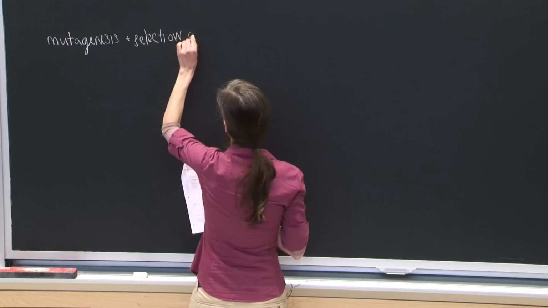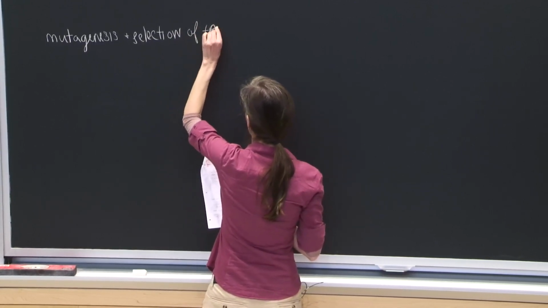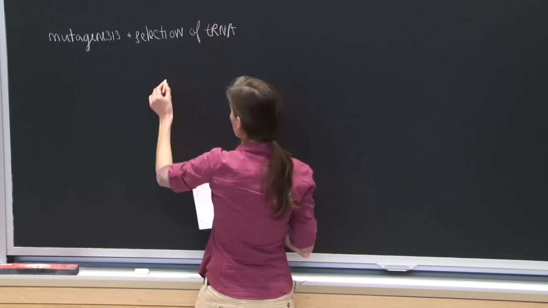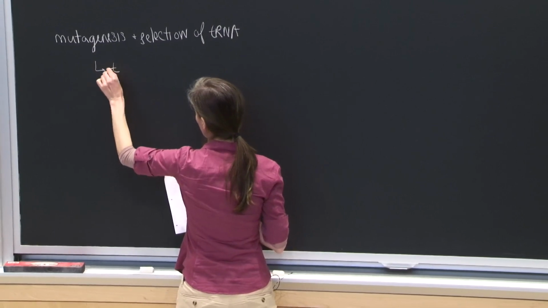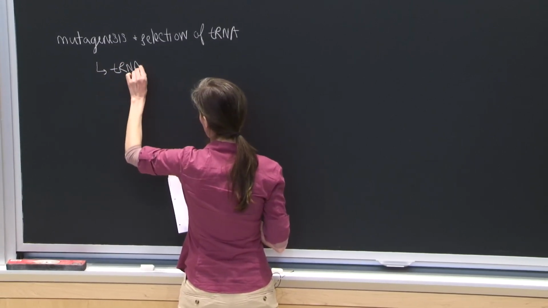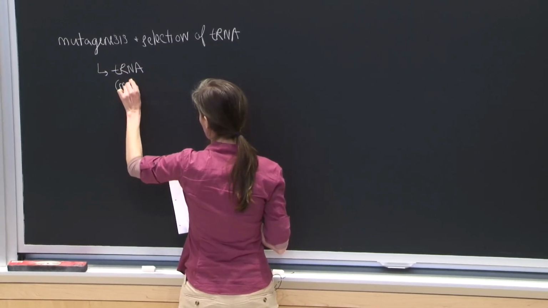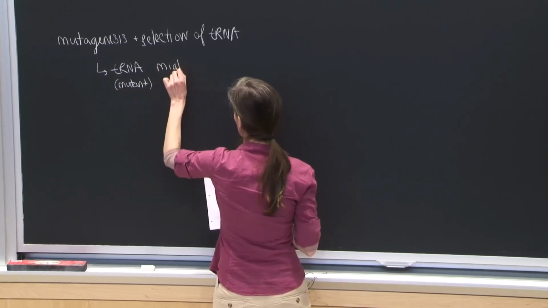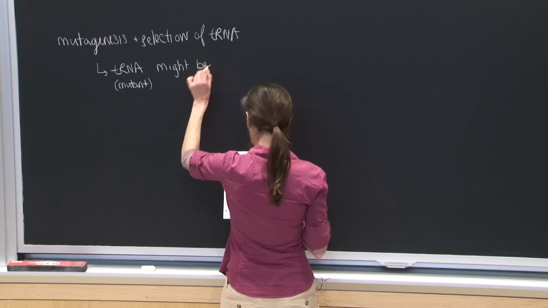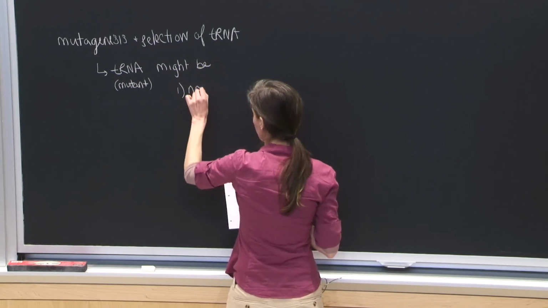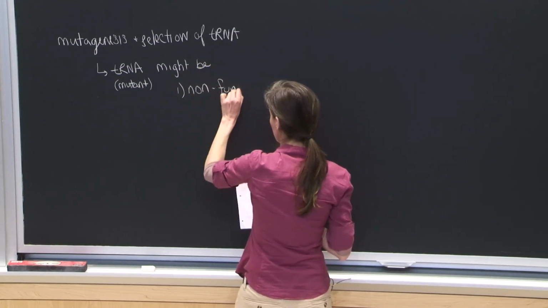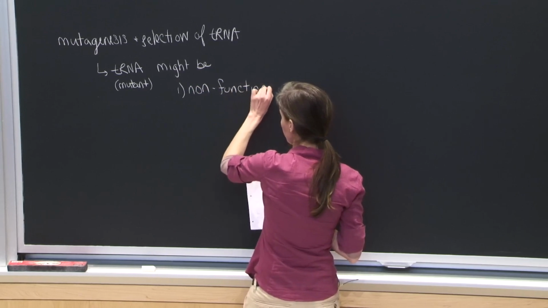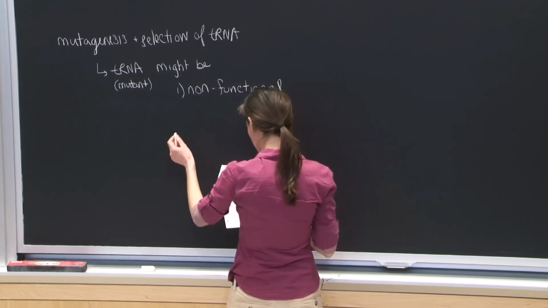So the end result is that the tRNA might be non-functional, so the mutation was not helpful.